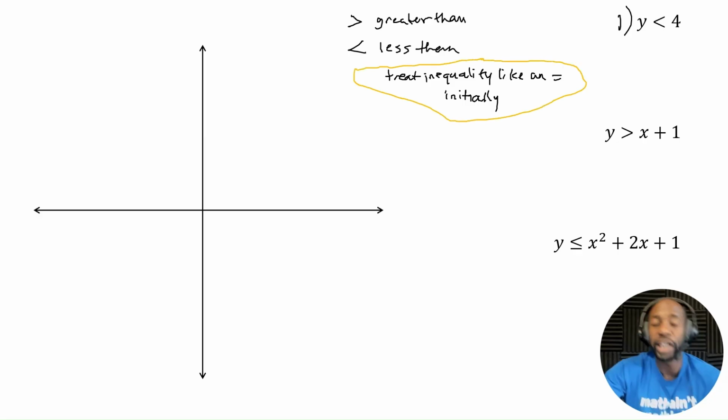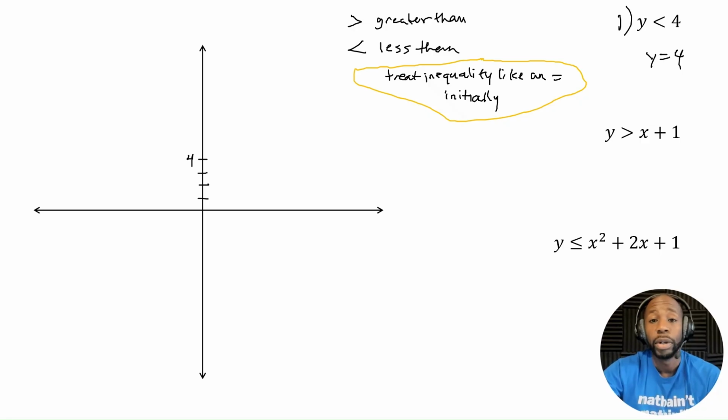Because the inequality stuff doesn't really become important until later. All right, so if we were graphing y equals 4, you go up 4 on the y-axis, so right here, and then you would graph a horizontal line, okay?